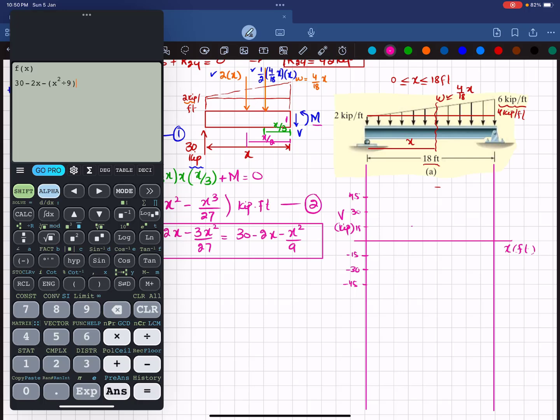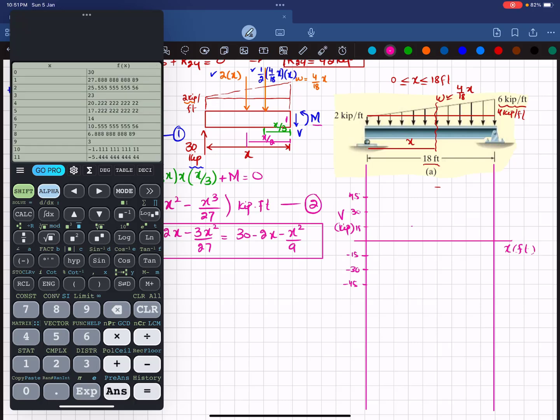Okay, so this is the equation, and we will put the starting value of x as 0 and the ending value as 18 feet, and we will go in one step.